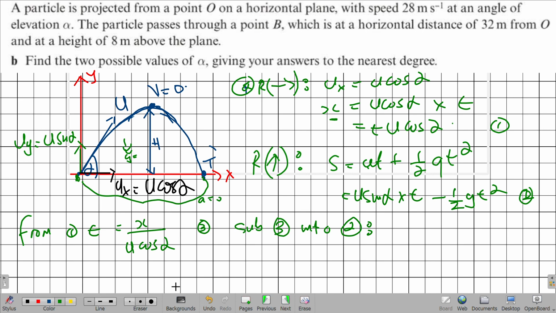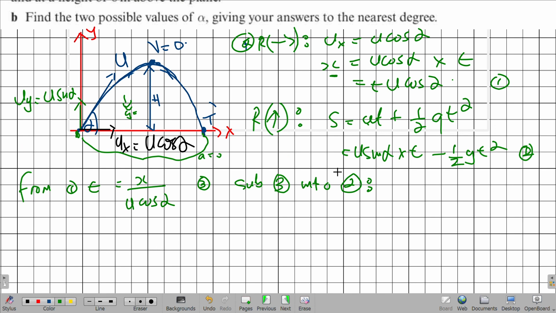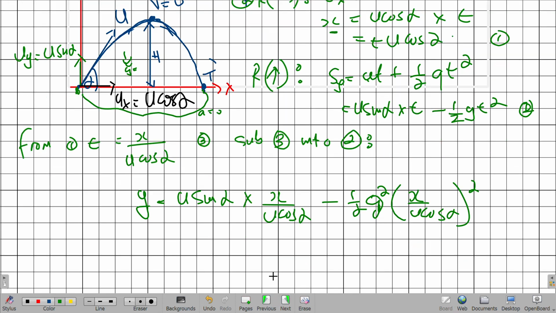So we are going to have y, well, s, it was s here, so let me just call it y vertically, equal to u sine alpha times x over u cos alpha, minus half g, squared in brackets, where t is x over u cos alpha, all squared.